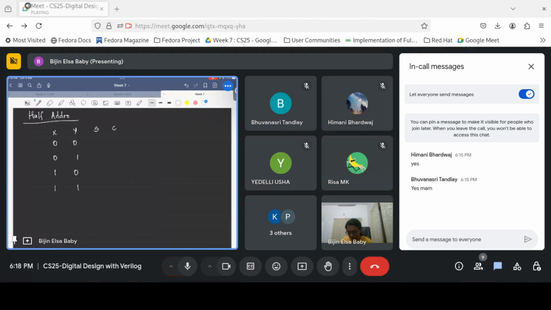When both inputs are 0, sum will be 0 and carry will be 0. When x equals 0 and y equals 1, sum is 1, carry is 0. Then x equals 1 and y equals 0, sum is 1, carry is 0. When x equals 1 and y equals 1, then it will be 2, right? So sum will be 0 and carry will be 1.